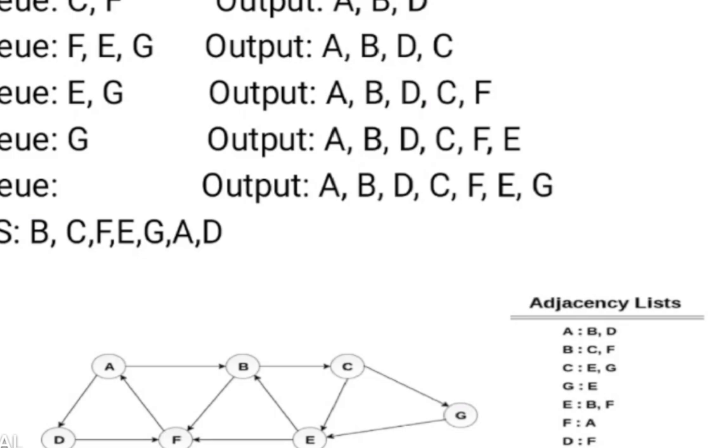Like if I consider A, F, E, E is at the depth. So D and B are the ones which are considered as the breadth. So the output is B, C, E, F, E, G, A, D, starting from A.